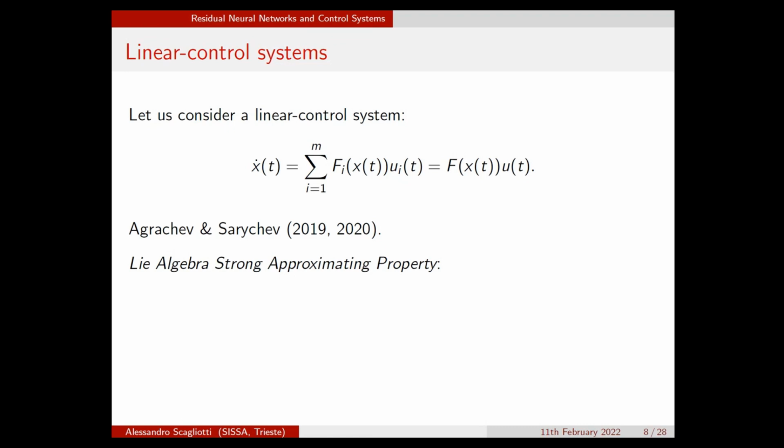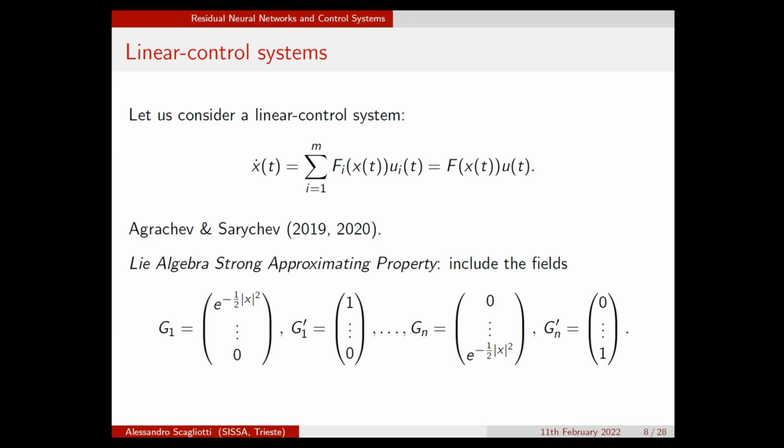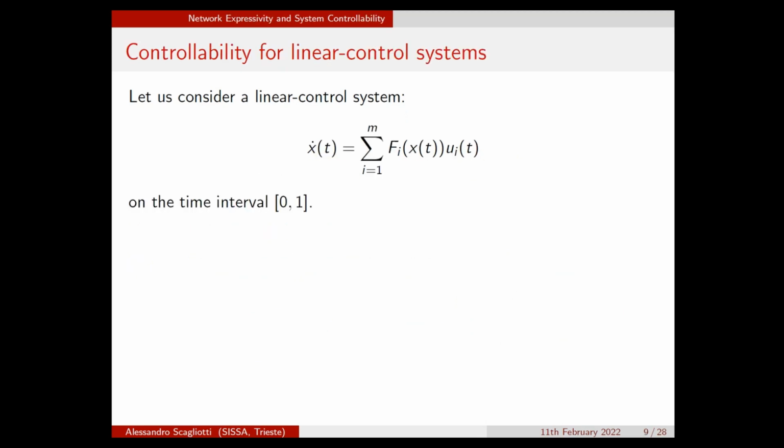I'm not going to tell you what this condition is because it's quite technical. I'm just going to tell you that if you want this condition to hold, you have to include this family of vector fields among the controlled vector fields F1, ..., Fm. If that is the case, then the Lie algebra strong approximating property holds.